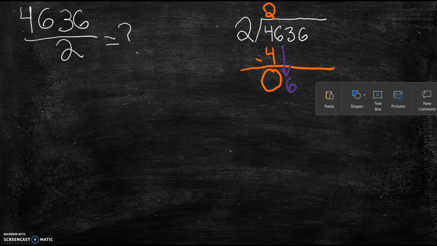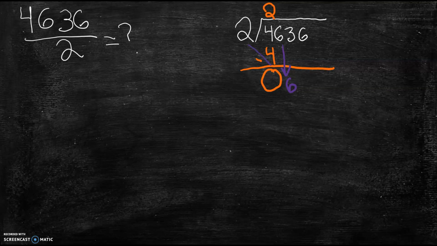So then, how many times does the number 2 go into the number 6? That's right, 3 times. So you put the number 3 above the number 6. Write the number 6 below because 2 times 3 equals 6. Do our subtraction and look, 0.